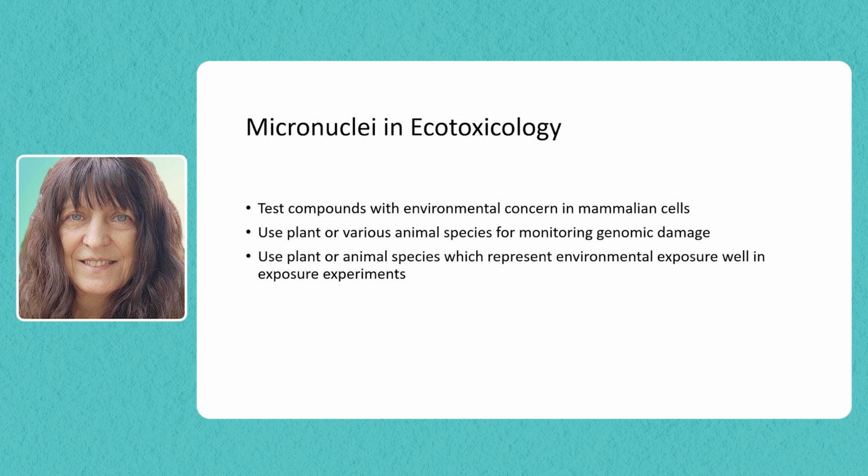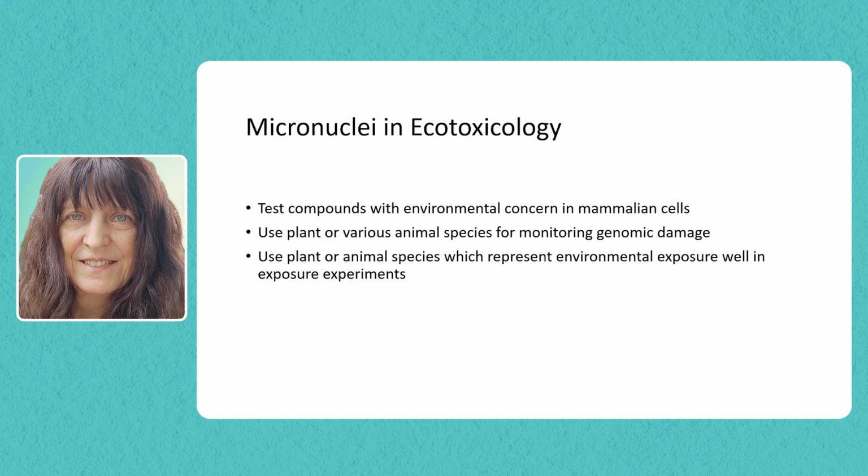Okay. So micronuclei and ecotoxicology, and how can you use this endpoint to do ecotoxicological investigations? Micronuclei are always for genotoxicity, for genomic damage, but that part of it can be assessed even in ecotoxicology. So what can you do? You can just take a test compound or a test item with environmental concern and test it in mammalian cells, just like a normal in vitro micronucleus test.